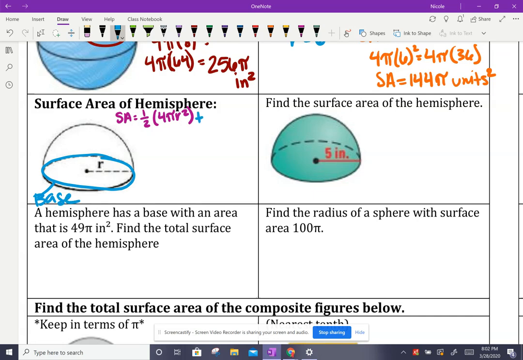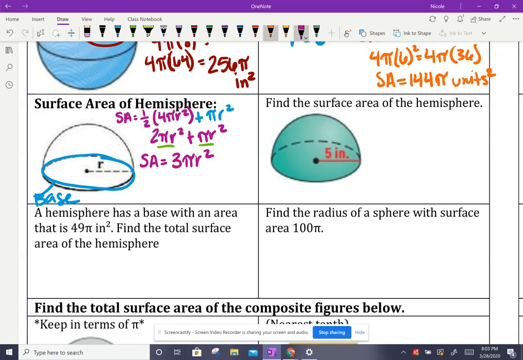So plus the area of a circle, which is pi r squared. Now if I simplify this, 1/2 times 4 is 2, so 2 pi r squared plus pi r squared. I can combine these because I have pi r squared in both of them, and so the surface area for a hemisphere turns into 3 pi r squared.